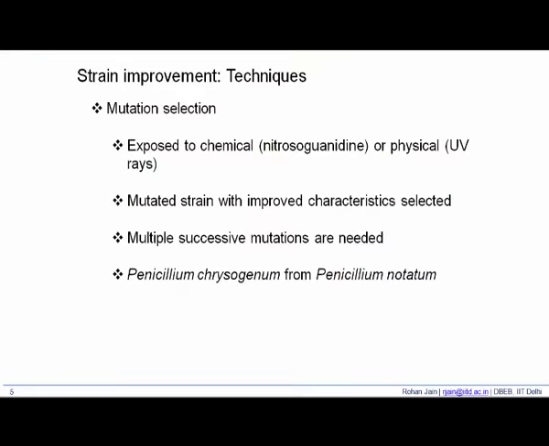And the techniques are genetics, where we modify their genomes. The first is mutation selection. As I think you are aware, whatever we want to produce is encoded in the genome of the microorganism. The microorganisms read the genome through the process of transcription and translation to produce your product, proteins, metabolites and all those kinds of things.